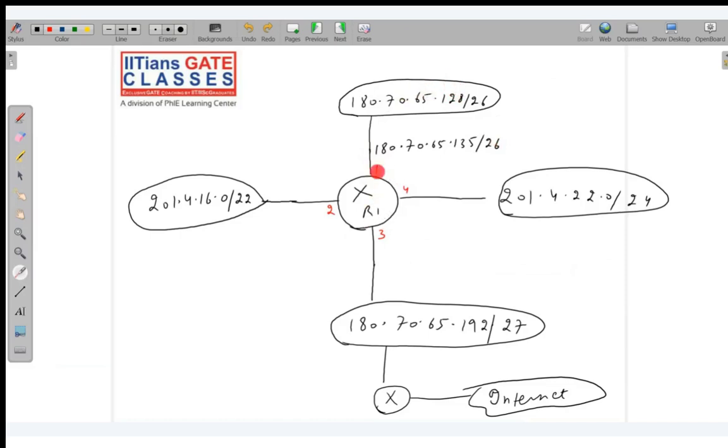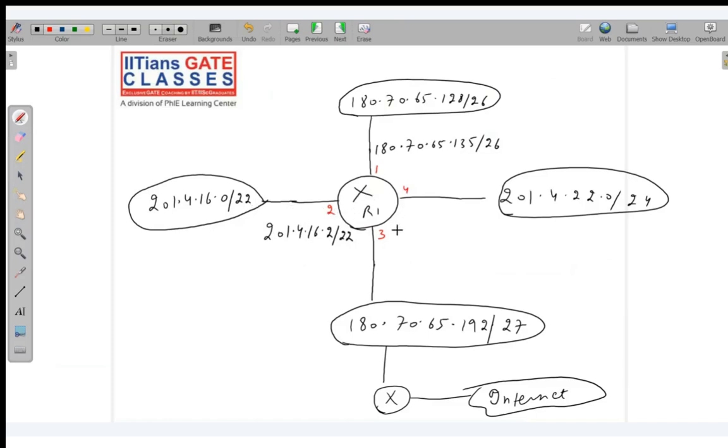That's why with port number 1 I have given this IP address, or you can give any IP address from this network only. That is the basic thing. Now at port number 2, from this network I will give one IP address here. For example, I give randomly 201.4.16.2/22. This IP address is given to this router R1 at port number 2.